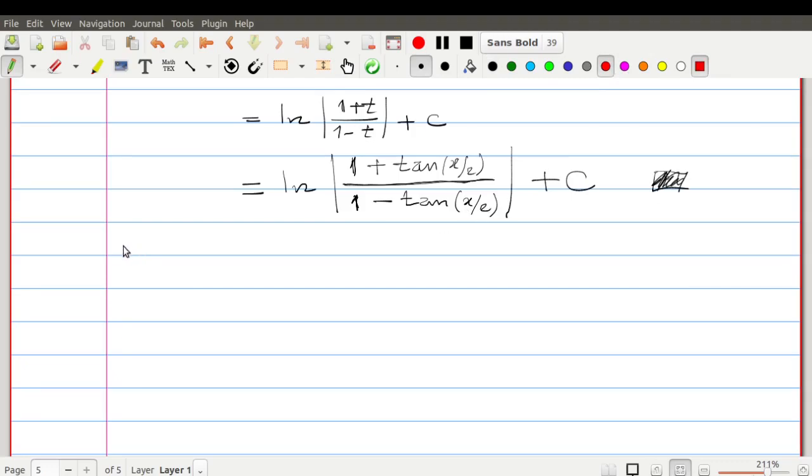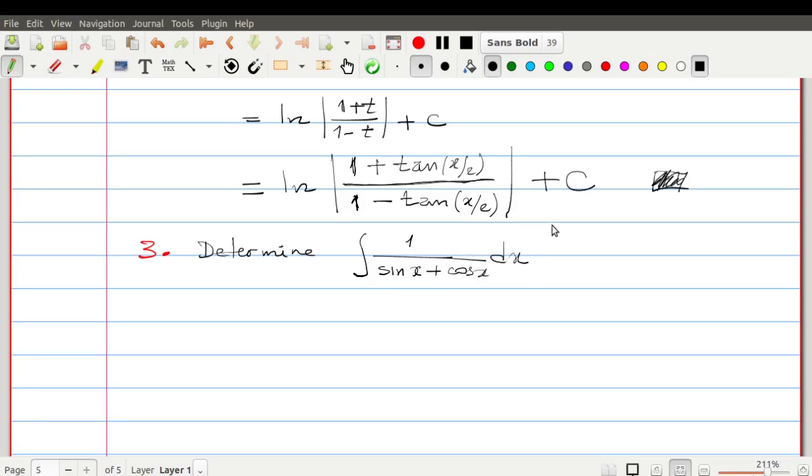So this one, 3. Determine, sorry, this integral of 1 by sine x plus cosine x dx.